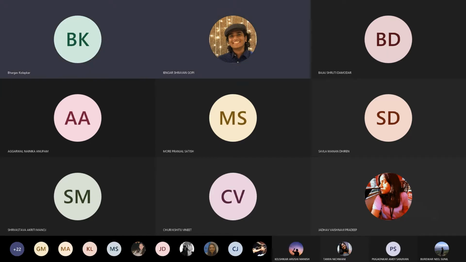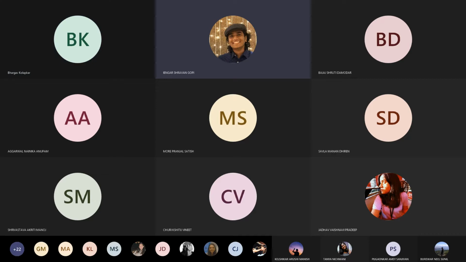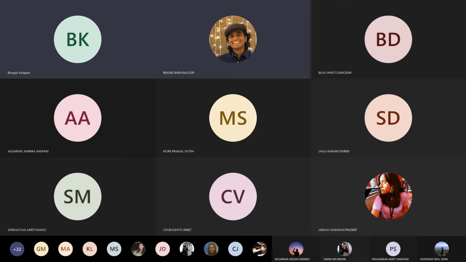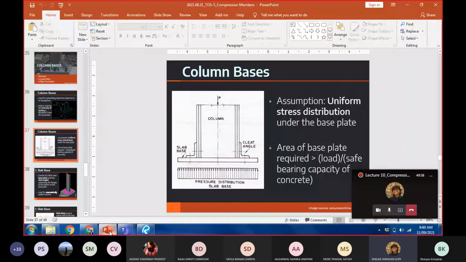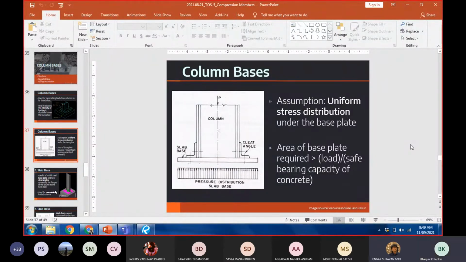Sorry to go back a bit in terms of the column and foundation connection part, but I just had one question. When we are actually connecting a column to the concrete base using the specific joineries that we have, are we also sort of reinforcing it as a single member instead of like two members connected to each other?